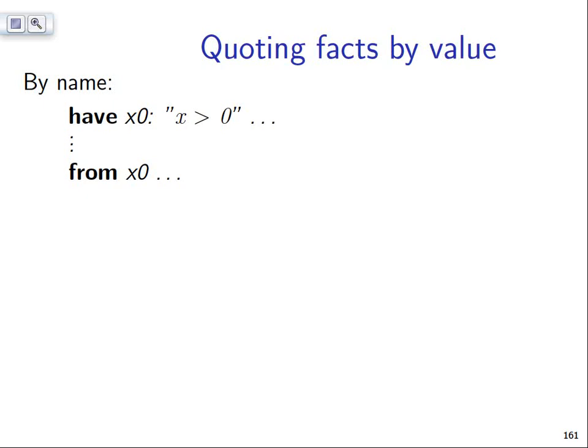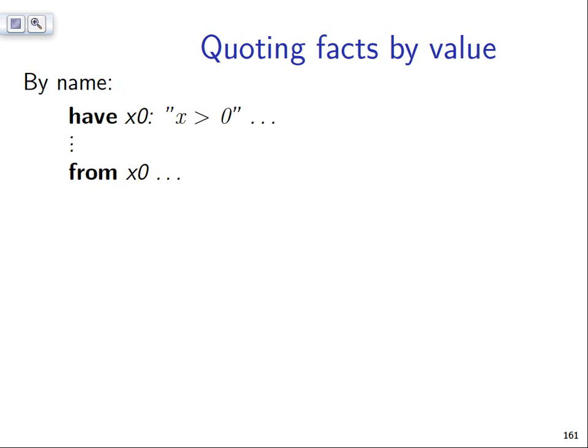And finally, that's what I'll close with today, is quoting facts by value. What does that mean? So this is the conventional way of doing it that we've seen so far. You have proved something like x is greater than 0, then you give it a name, let's call it x0, and then further down you say from x0, blah, blah.